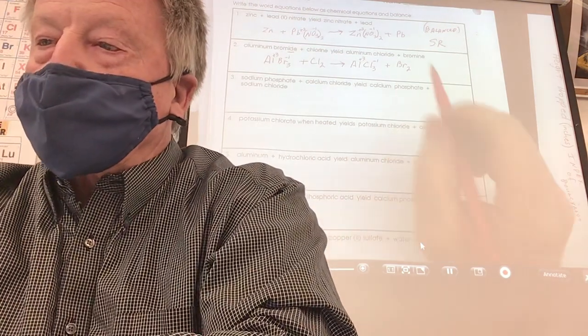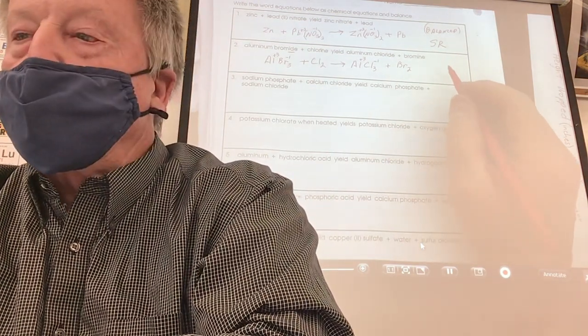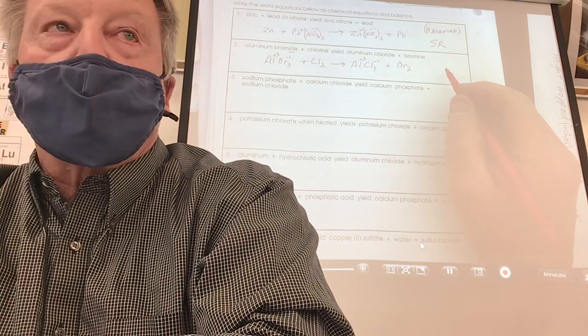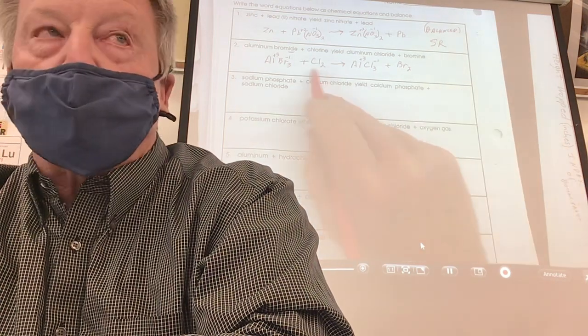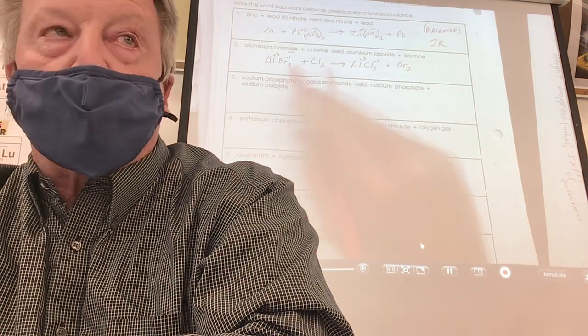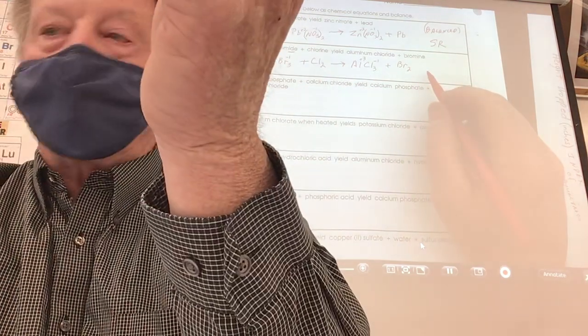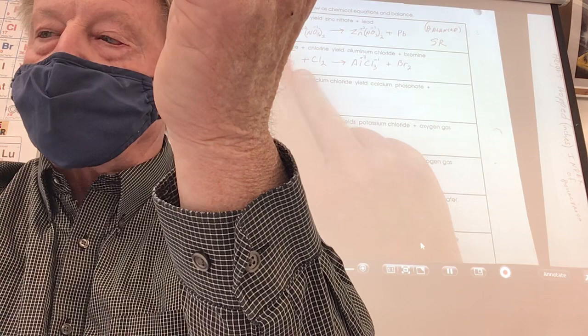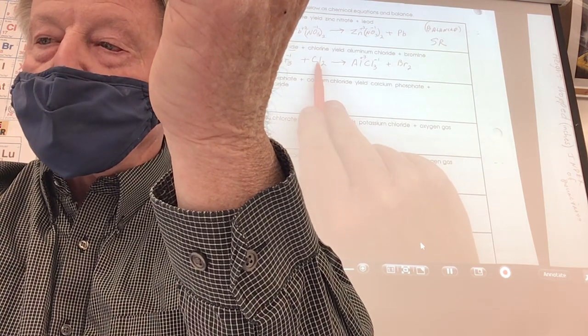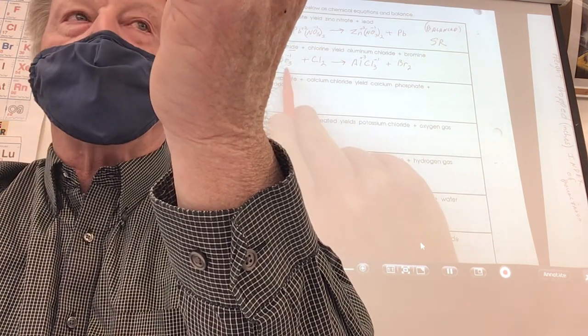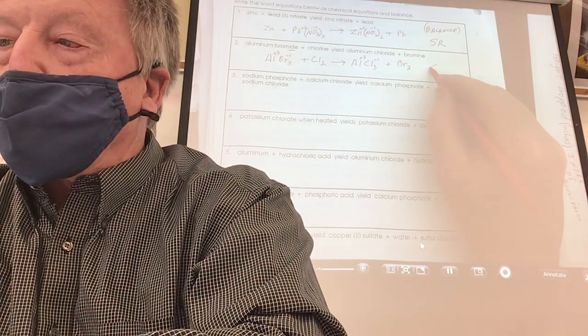Okay, now, let's classify. Can't be double replacement because I have AB, but I don't have CD. In this case, it's a non-metal. Look at this one. Metal kicking out a metal. What's this one? Oh, non-metal kicking out a non-metal.